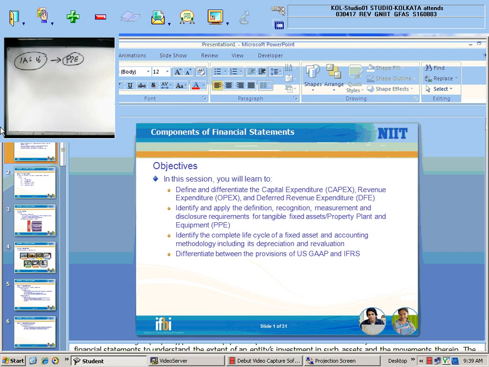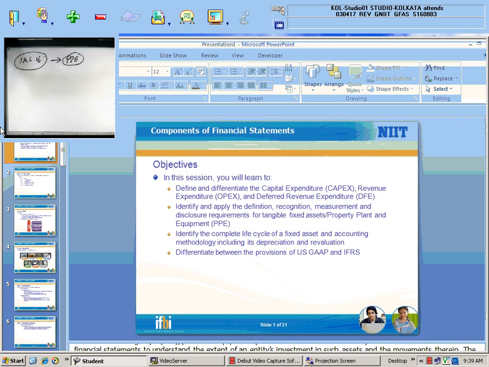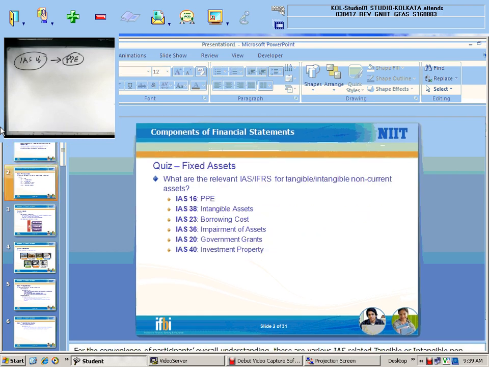There are several other accounting standards which will be coming up during our discussions apart from IAS 16. Let's go to the next slide to see that. So the relevant international accounting standards or international financial reporting standards for tangible or intangible non-current assets are these six.